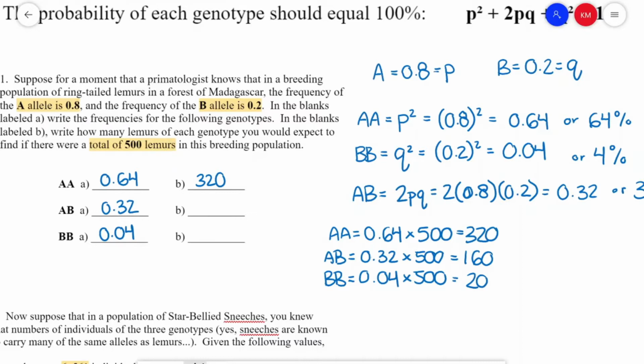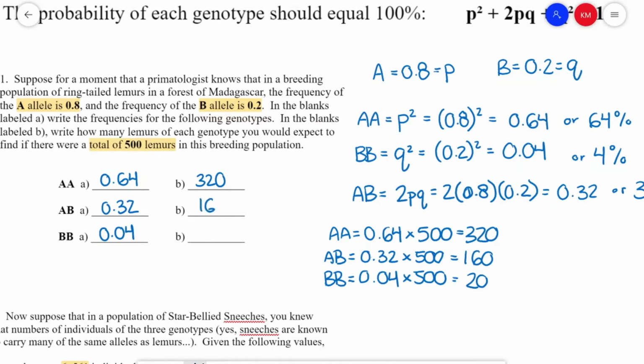So one thing I will point out here is make sure you're using the decimals when you're doing this calculation. If you were to multiply 64 by 500, you would get a number that's not correct. So you want to be using it in the decimal format of the percentages.